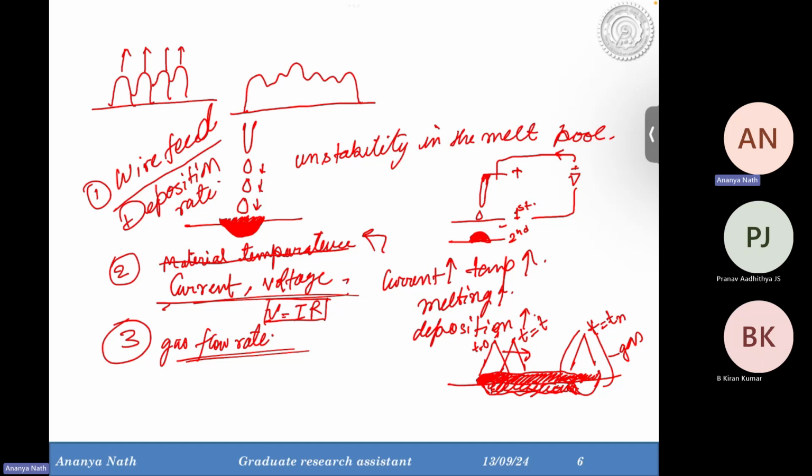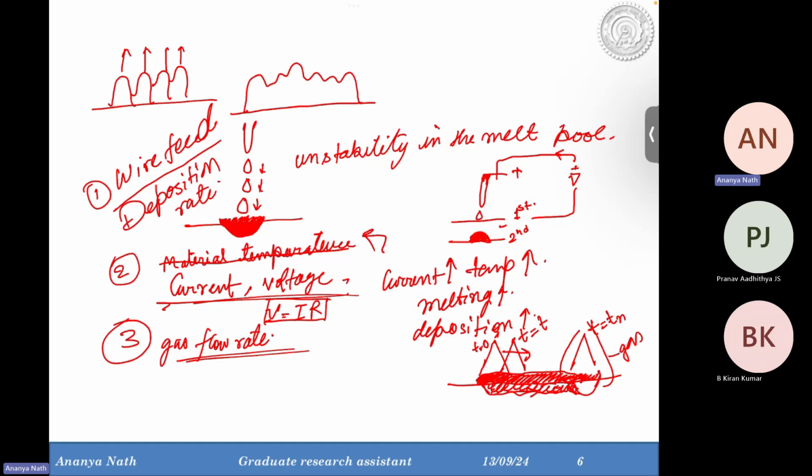If you are using something reactive, then your gas will itself react with the melt pool and you will get some defect in your deposited feed. But these gases, argon and nitrogen, are reaction free, even at high temperature, because in or near the melt pool, the temperature is very high, something around 2000 or 3000 degrees centigrade.